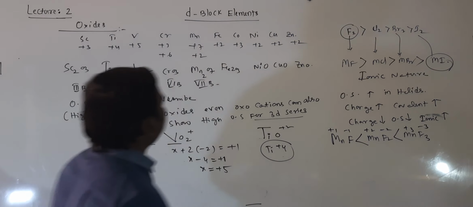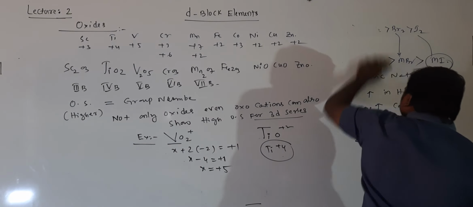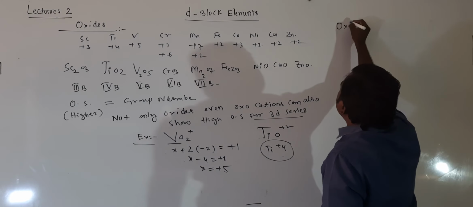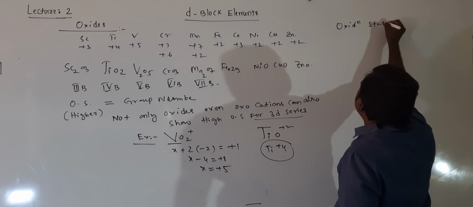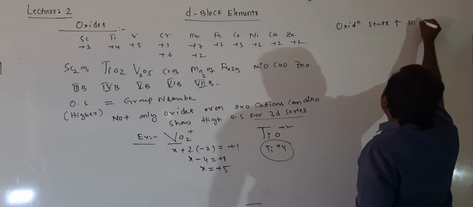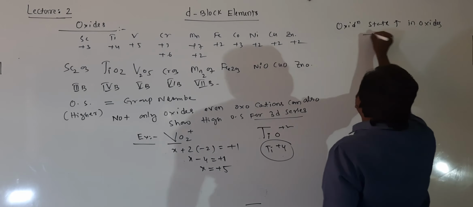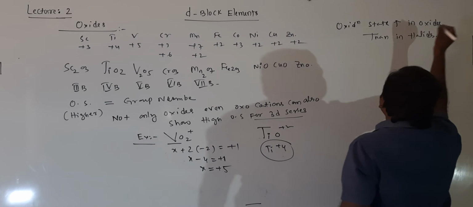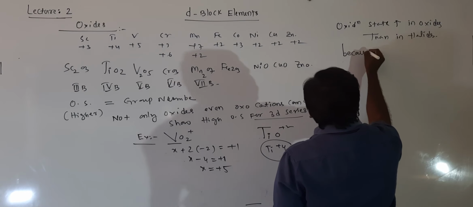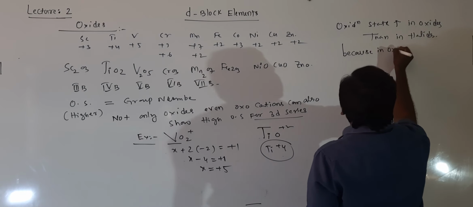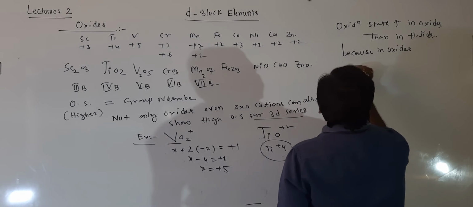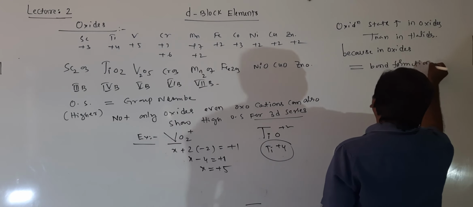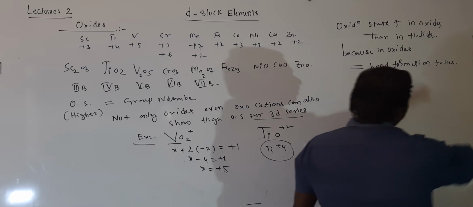Now the important point, students: oxidation state increases in oxides more than in halides, because in oxides double bond formation takes place. Very, very important.